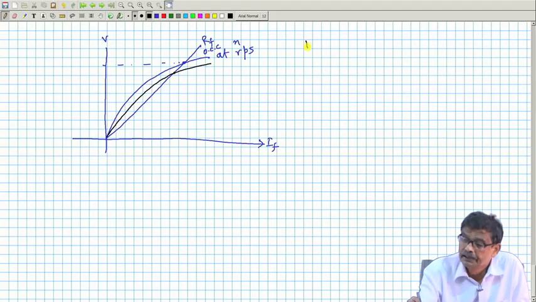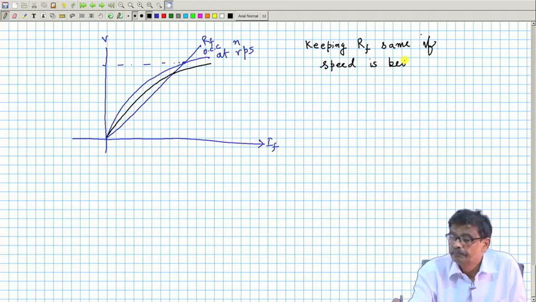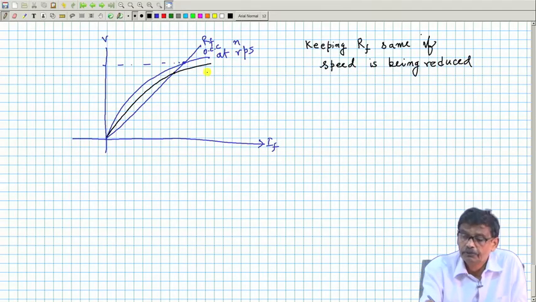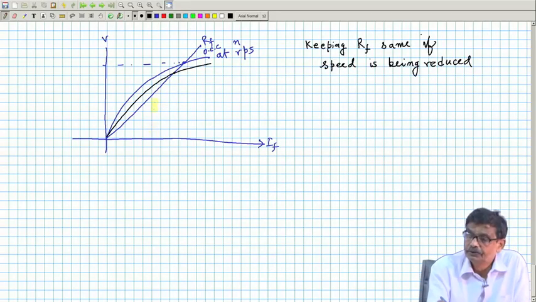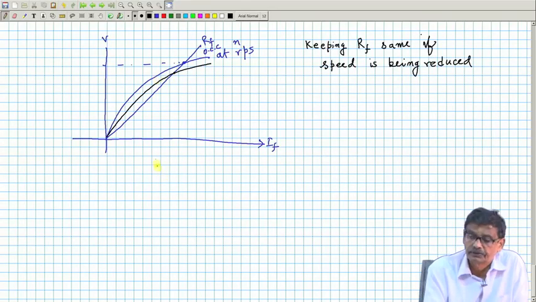Okay. Keeping RF the same, if speed is being reduced, then OCC will be below this, because for a field current we know the ratio of speeds gives you the new voltage for a given field current.